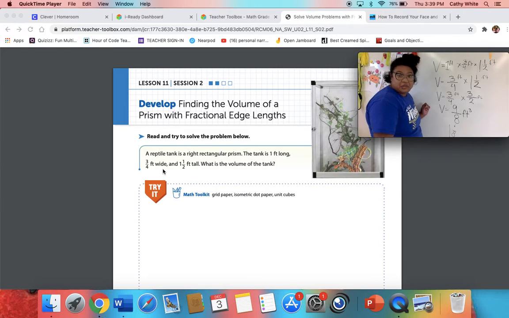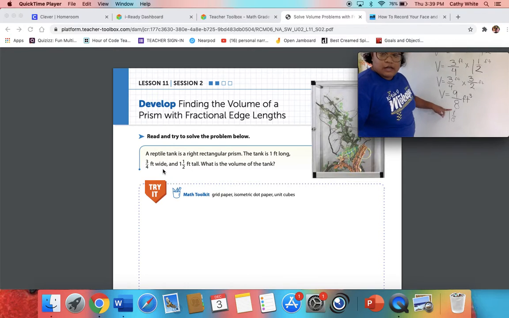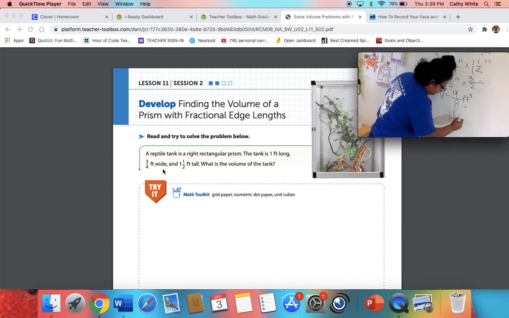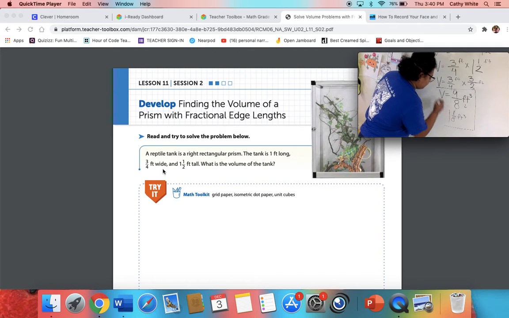Well, 9 minus 8 is 1. So our mixed number is 1 and 1/8, but don't forget, we also have to bring down our labels. Feet cubed.